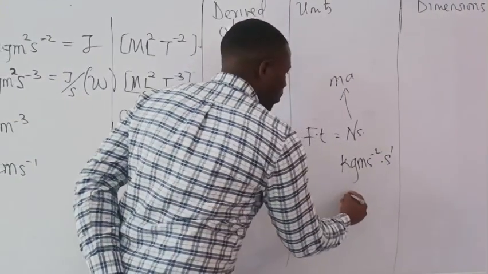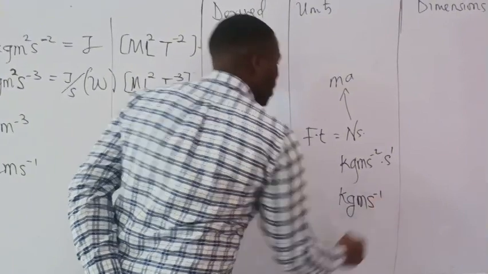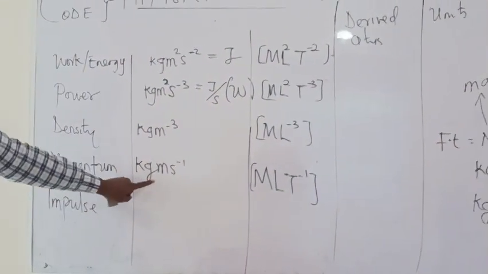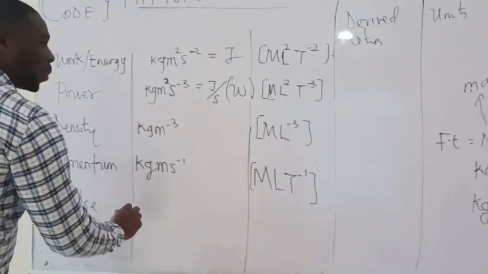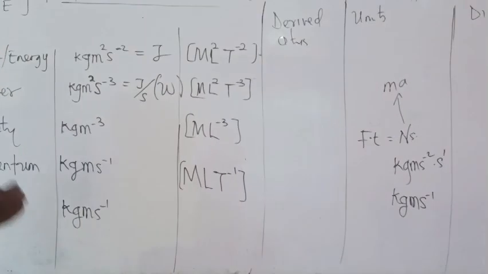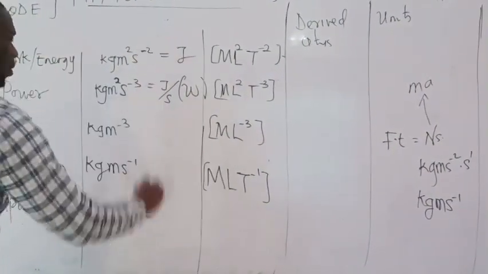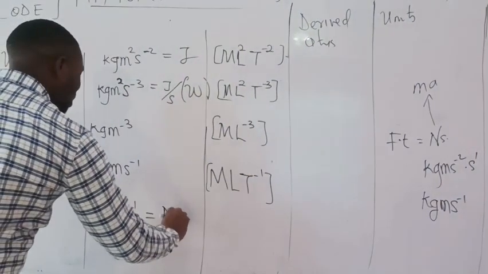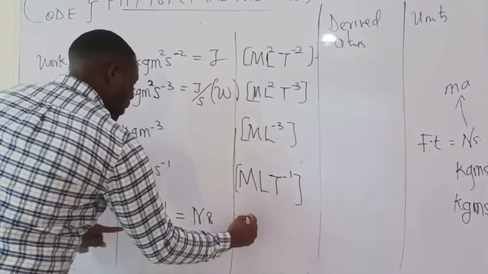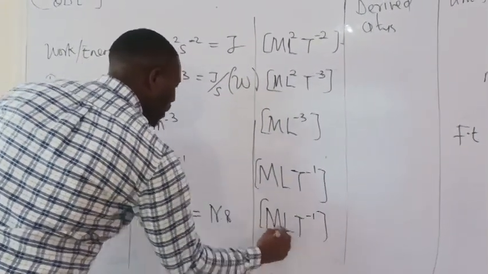This boils down to kilogram meter per second, which looks like the same unit as that of momentum. So impulse is kilogram meter per second, or in terms of its derived units, it is the same as Newton times second, which is the same as that of momentum. So it will have the same dimension as M, L, T raised to power minus 1.